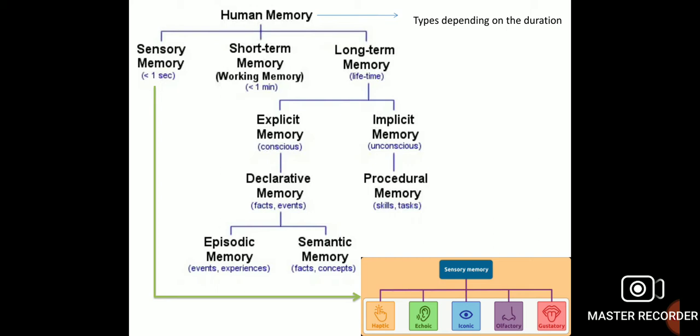Like if you know how to write, even if you are unconscious, you can write or do certain activities. Suppose you need to keep a glass on the table, you can do it in the unconscious state also, because you know the procedure for how to do it, right? So this is called implicit memory.